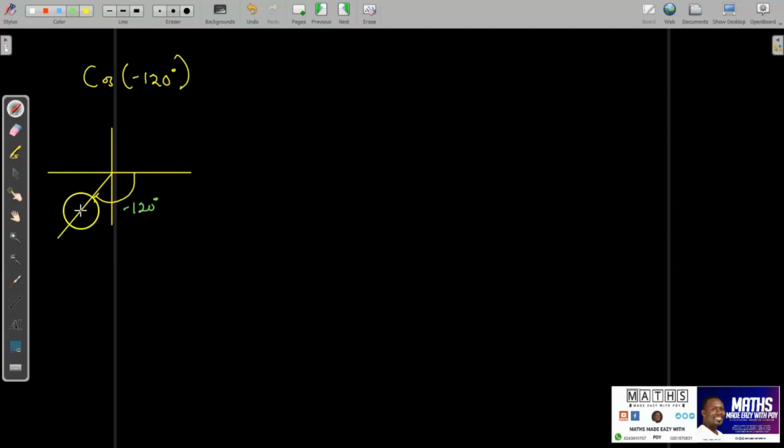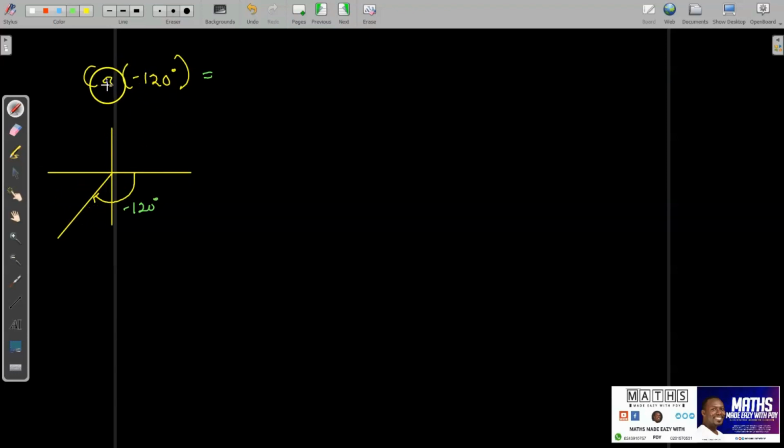But in the third quadrant, if I may ask, what is the nature of cos? Cos is negative. So cos is negative in the third quadrant.